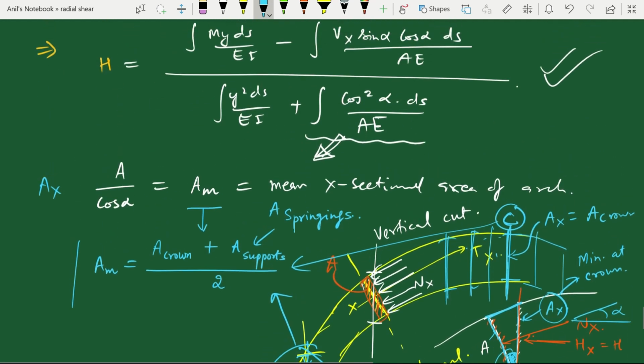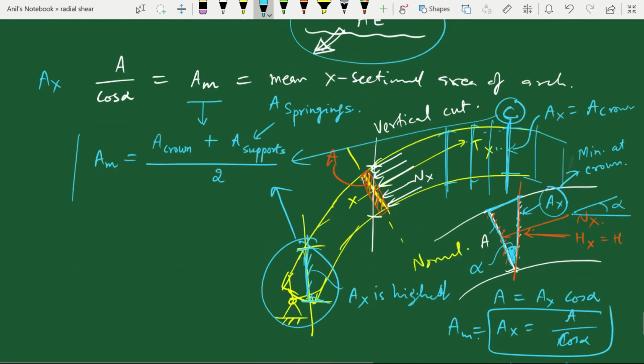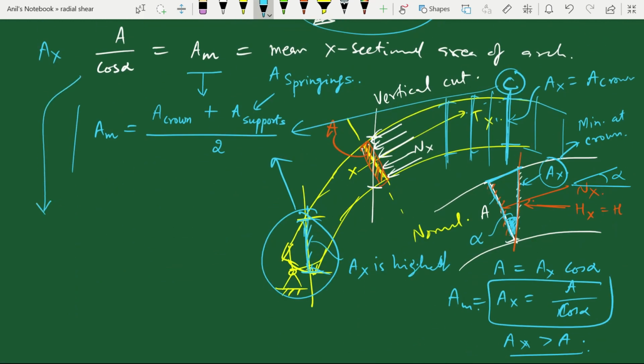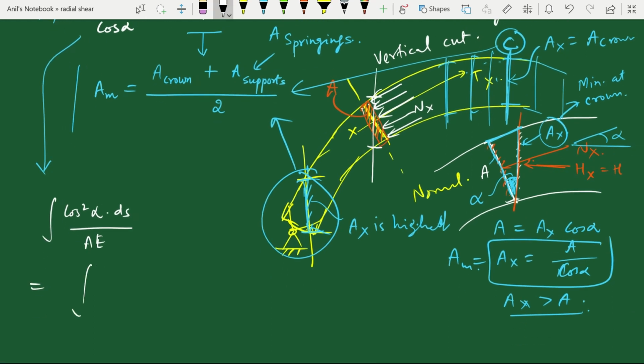Now let's go back to the expression of H. Here we can work upon this term using A by cos alpha as AM. We can say that integration of cos square alpha into ds upon AE can be reduced to integration of cos alpha into ds cos alpha upon AE.